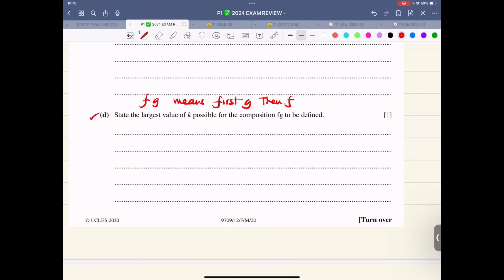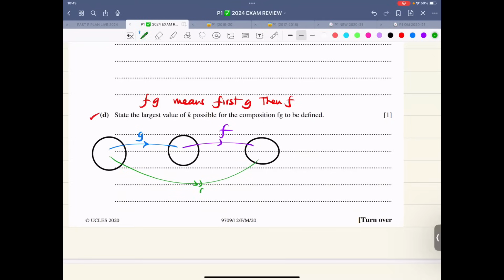So now I'll explain something more than what is required in this particular part because it could be asked in some other parts. So let me draw some circles like this. And the thing is first g, then f. So let me write this as first g, then f, and this is written as fg.